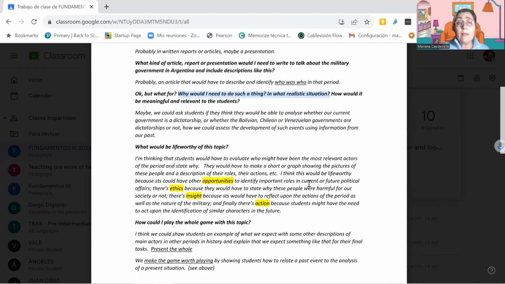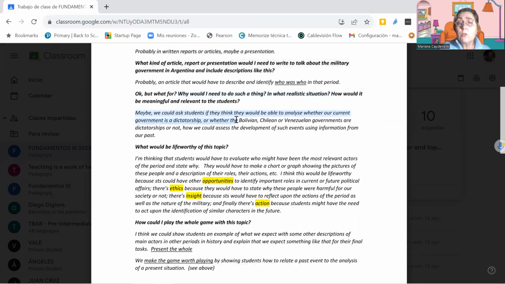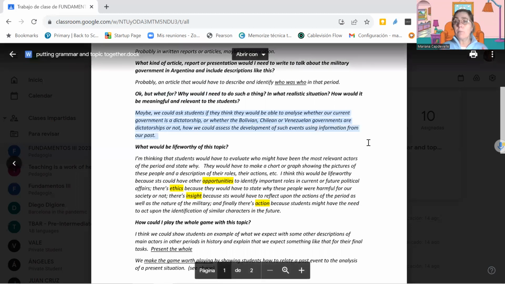Okay, this is what I think. Maybe we could ask students if they think they would be able to analyze whether our current government is a dictatorship or whether the Bolivian or Chilean or Venezuelan governments are dictatorships or not. How we could assess the development of such events using information from our past. So maybe that is, okay, we have a purpose now.